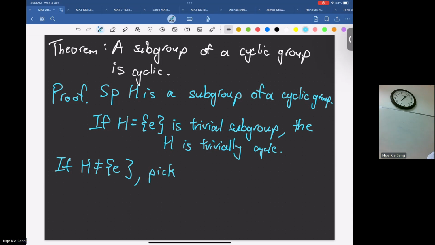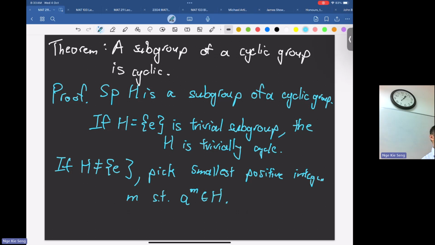We can pick the smallest positive integer m such that a to the power m is in H. You understand this construction? How does H look? The elements inside H should be a to the j, such that j is in a subset of Z.